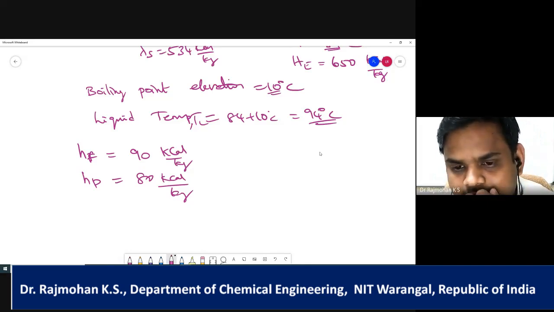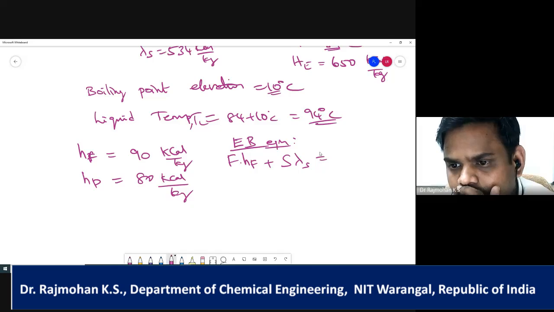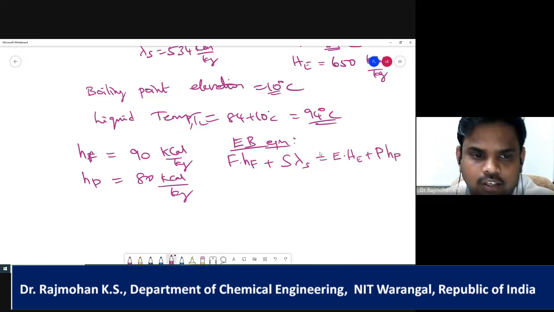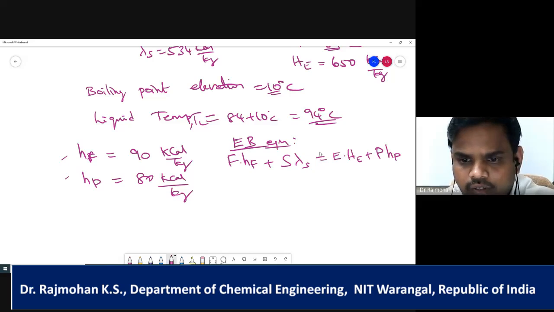What is the energy balance equation? F into HF plus S into lambda S is equal to E into capital HE plus P into small hp. All the data are there. So what we have to substitute?